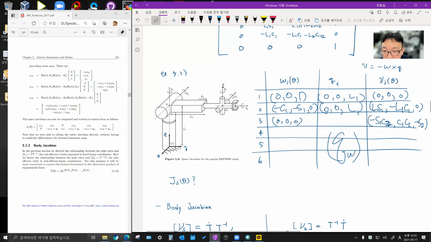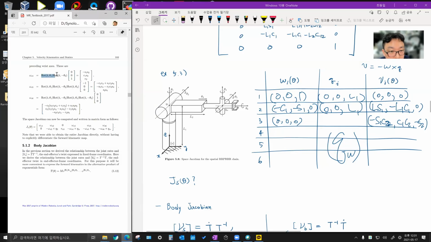Theta 4 is rotating about the z-axis. So based on 0, 0, 1, it rotates using the rotation axis. The only important thing is the direction. So we only multiply the rotation matrix, which depends on the rotation of theta 1 and theta 2.